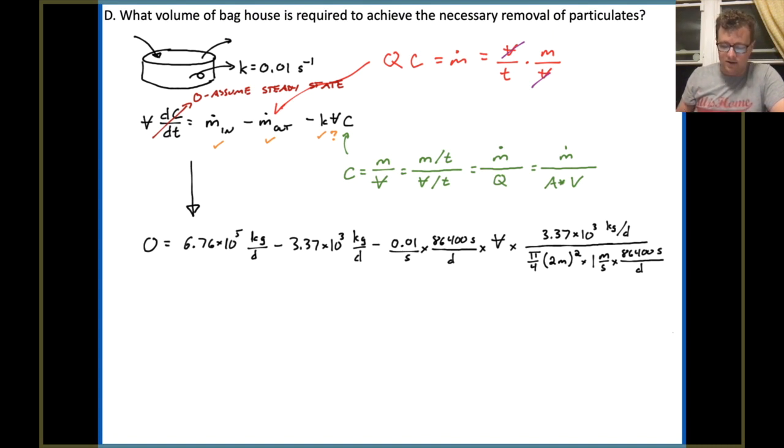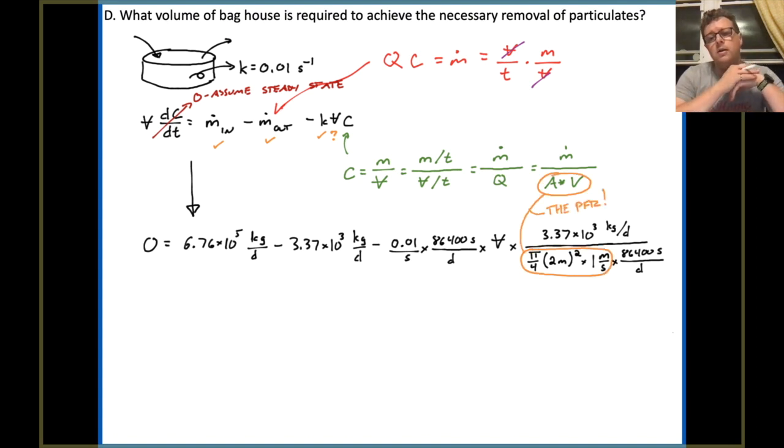Our volume, which is our unknown, and then I'm using that mass rate over area times velocity. So the mass rate out in the numerator, and then in the denominator is pi over 4 times the diameter squared. So that's the cross-sectional area of a circular duct. A velocity of 1 meter per second. And again, I'm turning those per seconds into per days.